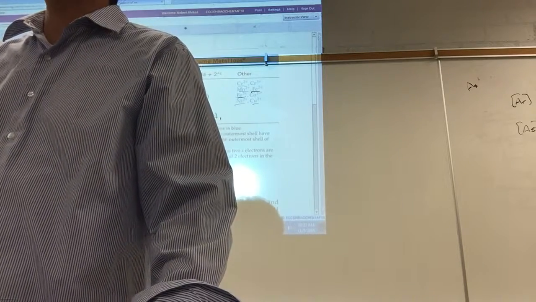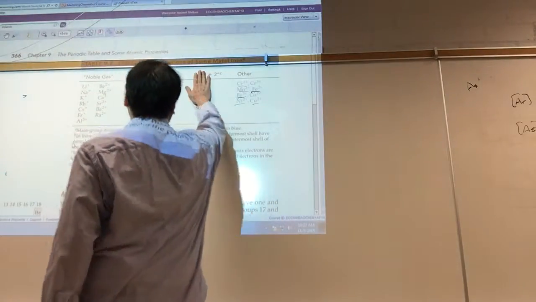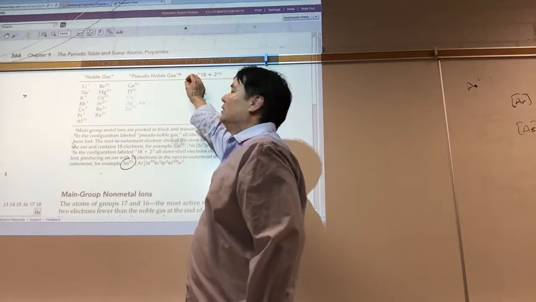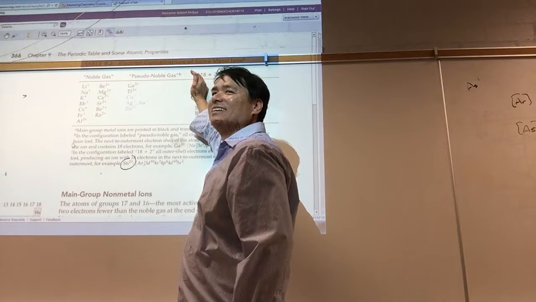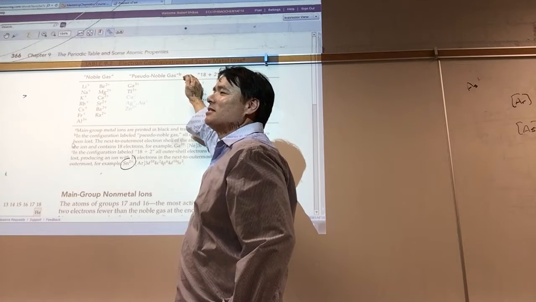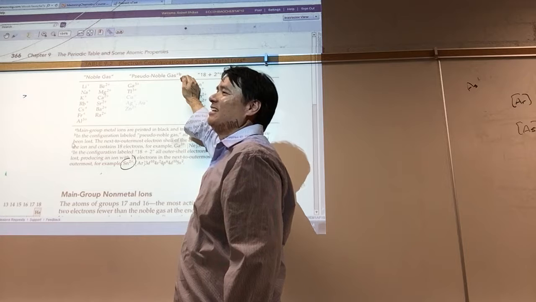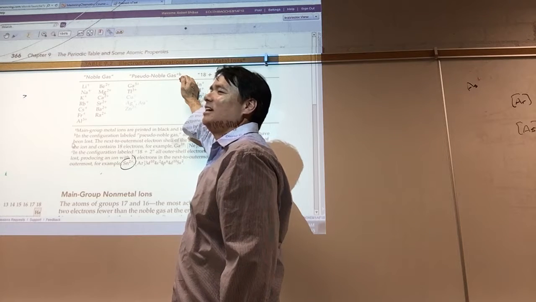Does anybody know the 18 plus 2 rule now and can tell me what thallium is? I'm going to cover it up here. What is it? What's the symbol for thallium? Thallium is super toxic, next to lead. You see? Tl.